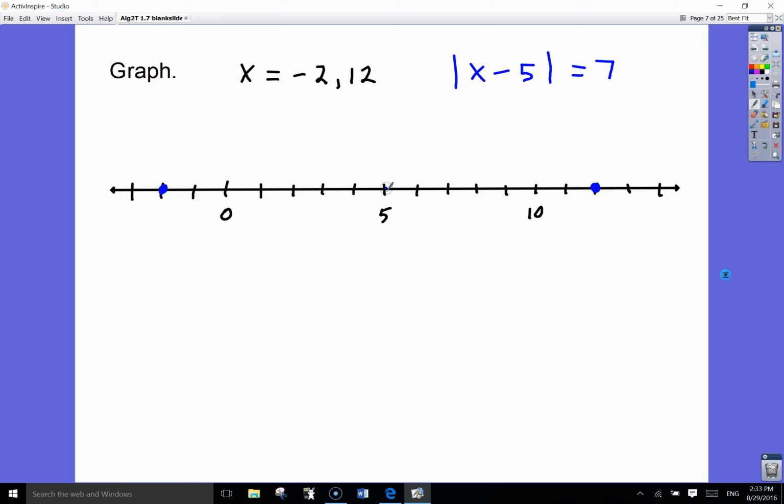So 5 is the middle of the interval, that's coming from there, and the answers were each 7 to one side or the other. That's what this equation represents. It's saying find the solutions that are 7 away from the middle of the interval, which is 5.